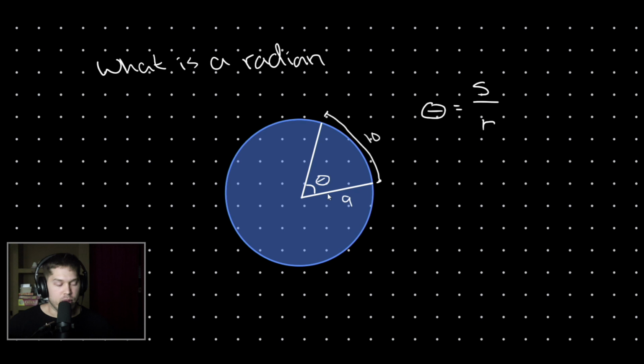Then what does theta equal? Well, theta would be equal to 10 over 9, and of course this is in radians, so theta would be 10/9 radians, or as a mixed number, that's 1 1/9 radians.